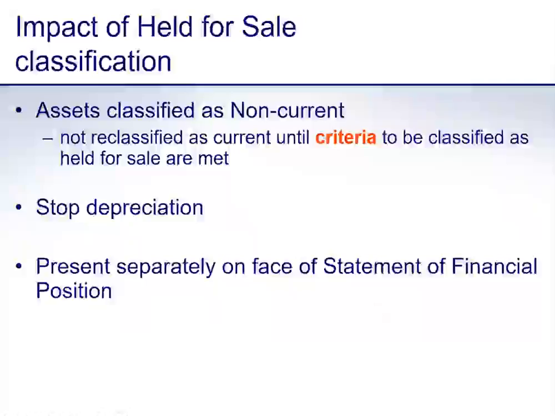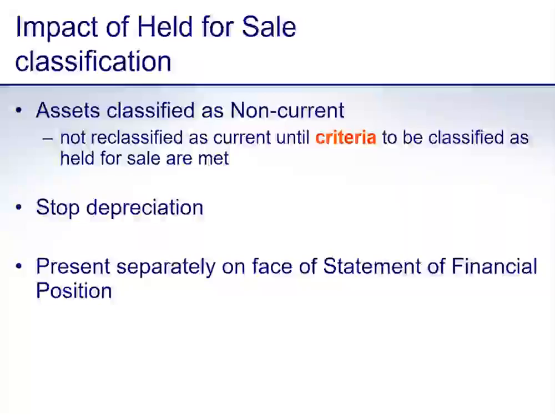Now, classifying an asset as held for sale has other implications as well. Early on, when I was giving you the overview, I said it will have an impact on how we classify things on our statement of financial position, and what we show in the statement of profit or loss and other comprehensive income, if it's a discontinued operation, and so forth.